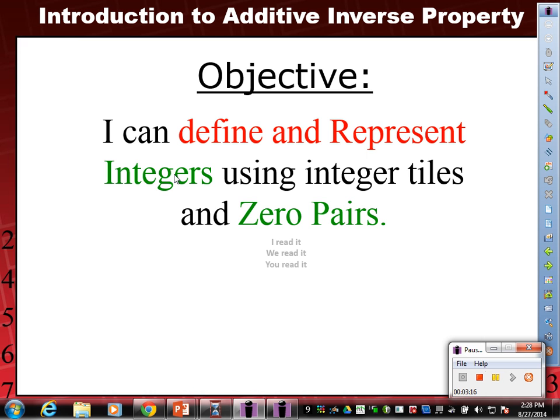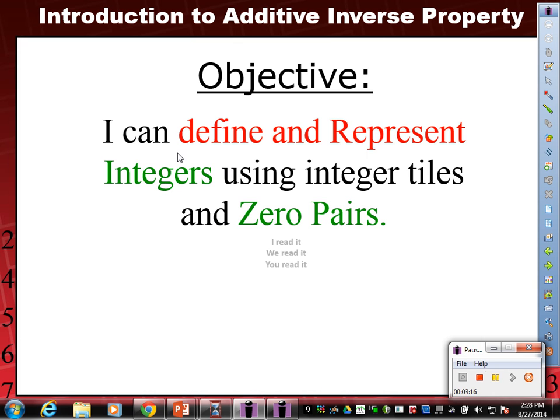Integers and 0 pairs. But we already know what 0 pairs are because I showed you the video intro yesterday. Which is the only one I haven't given you a definition for? Integers. Therefore, we're going to define integers and we're going to represent integers.